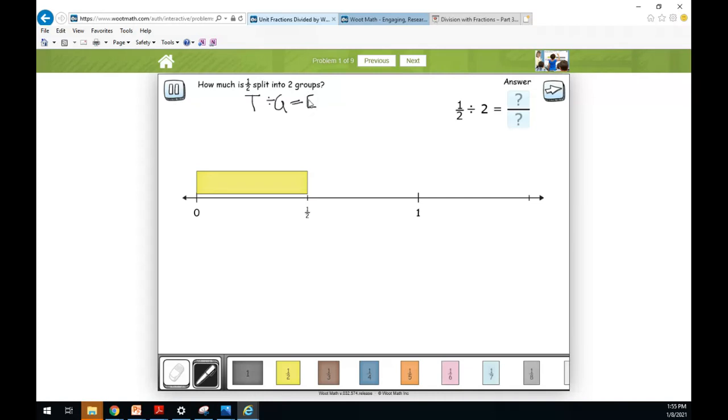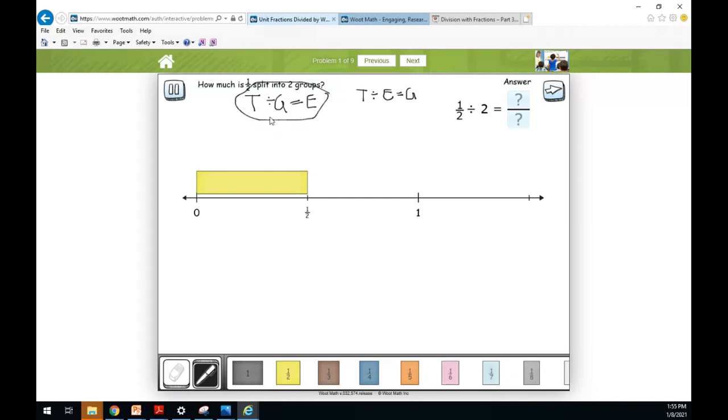Like I discussed in our previous video, a total divided by our each gets me my groups. That was our previous video. We're going to focus on this type of division.